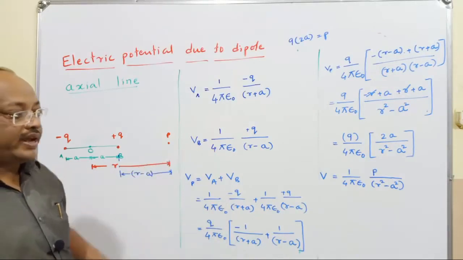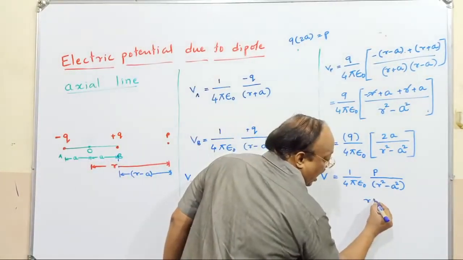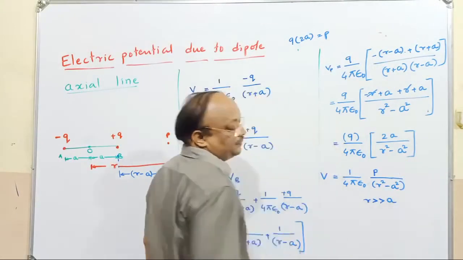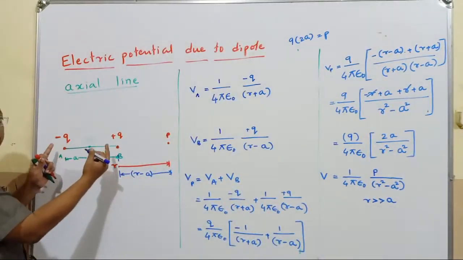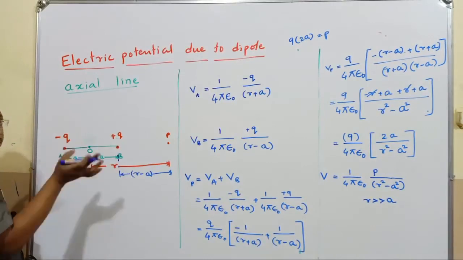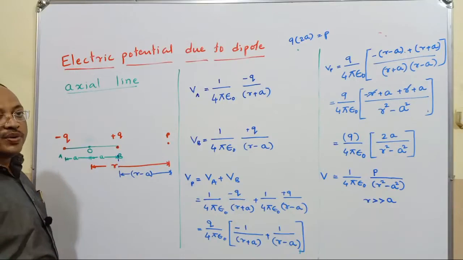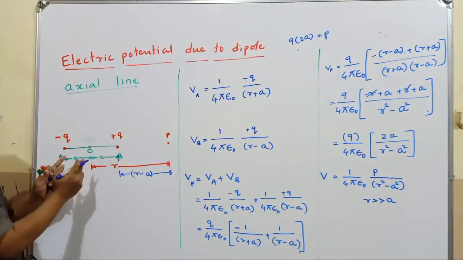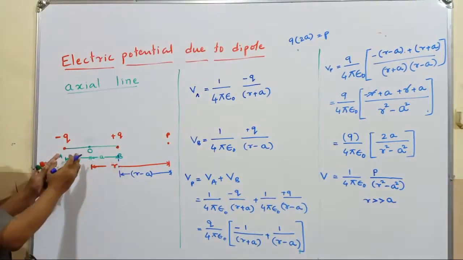One more thing we can do here. Usually R is much greater than A, because it is an ideal dipole. The magnitude of the charges should be large, and the dipole length should be as small as possible.